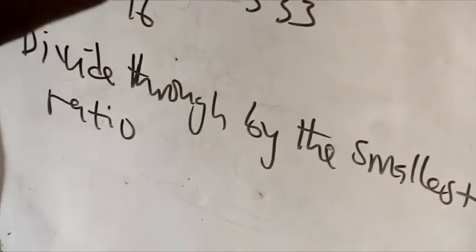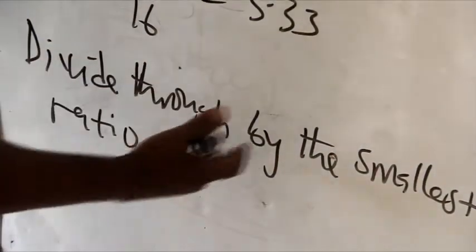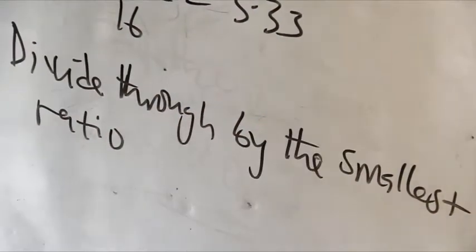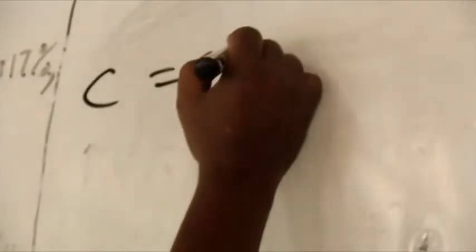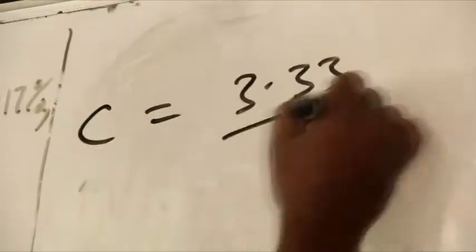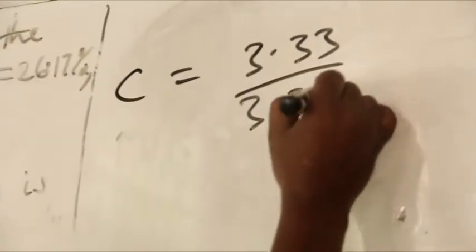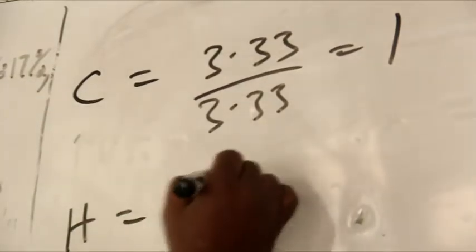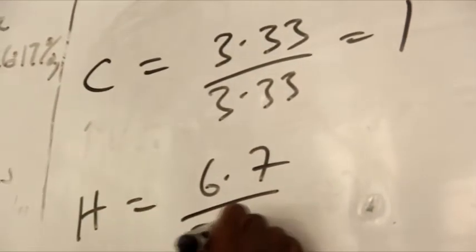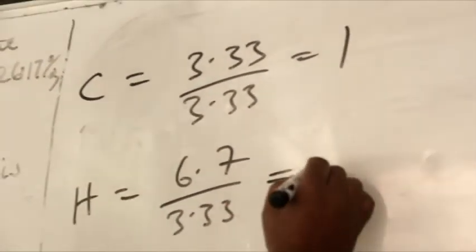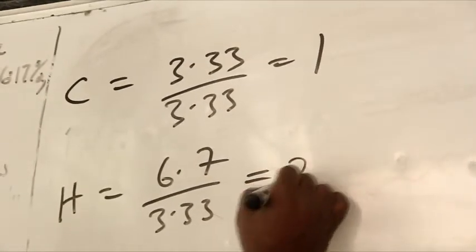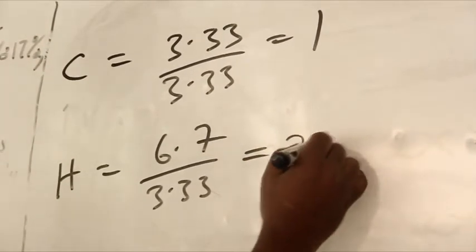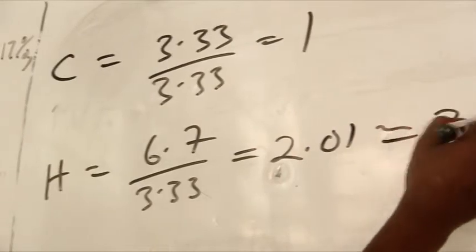Now let's go to the other side where we have space to continue. For carbon, the ratio here is 3.33, then divide by the smallest, 3.33. The answer is 1. For hydrogen, 6.7 divided by 3.33, the answer will be 2.01, approximately 2.